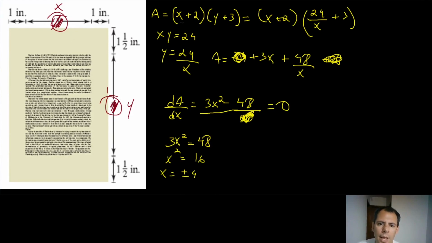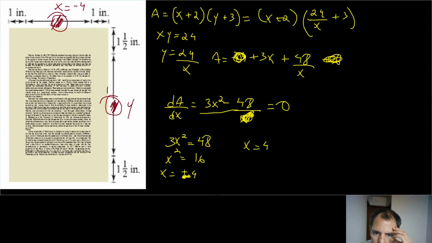But you cannot have a negative 4. How can you say that this x in here equals minus 4 inches? Crazy. So you discard the negative 4 here, and you know that x equals 4.